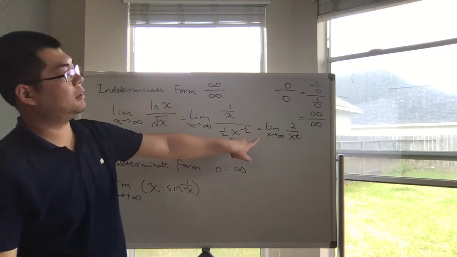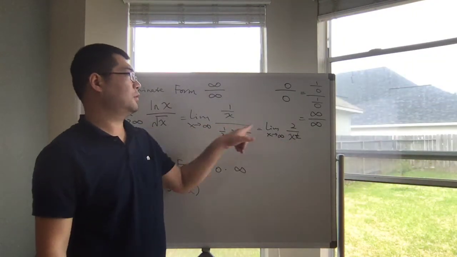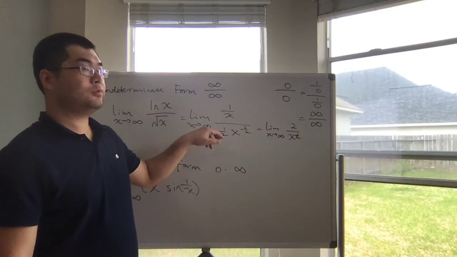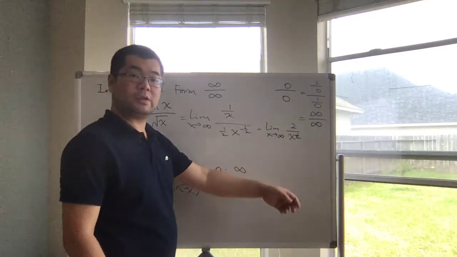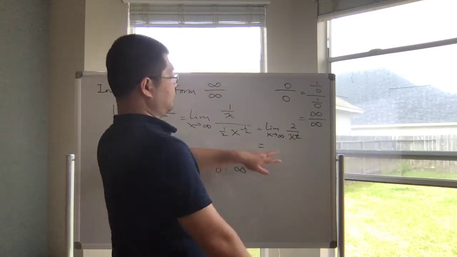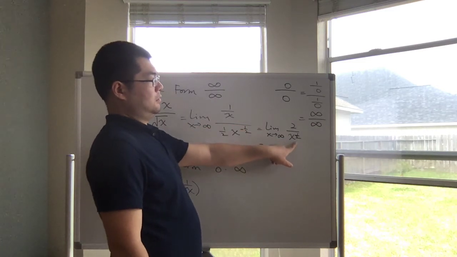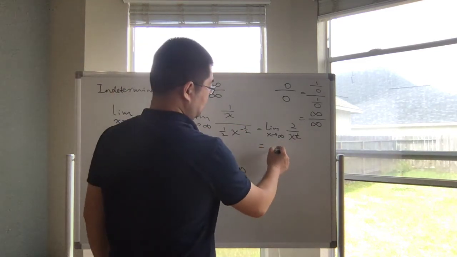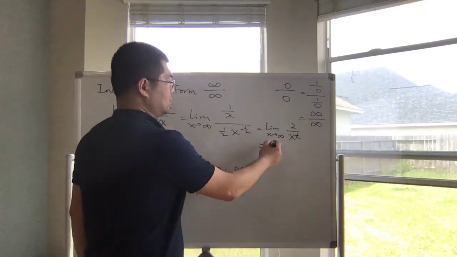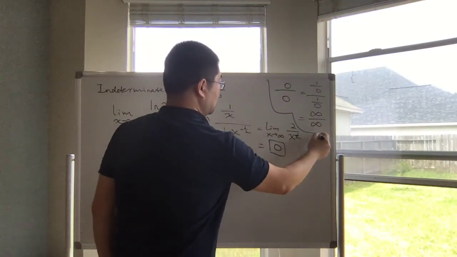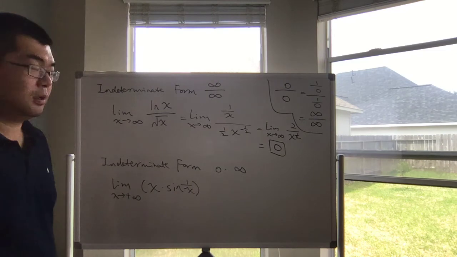And I will write it as 1 over x to the power 1 over 2. And 1 over 1 over 2, which is 2, flip. So it's here. And this limit should be easy to evaluate. You have 2 over infinity, so this limit is 0. Okay, it's 0.